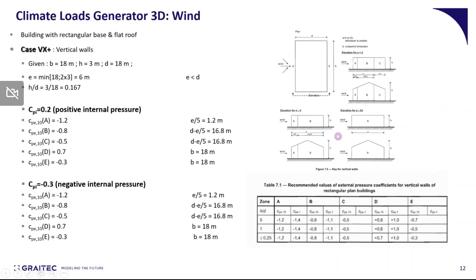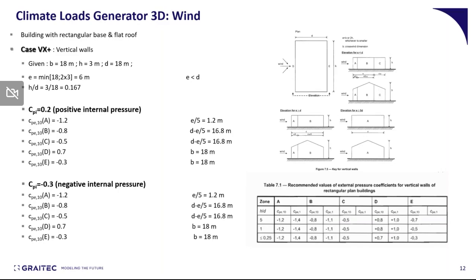So after defining those zones and the ratio h to d, the coefficient of external pressure can be found on this table for all these different zones. However, there is also the internal pressure and the coefficient of the internal pressure, the Cpi coefficient.